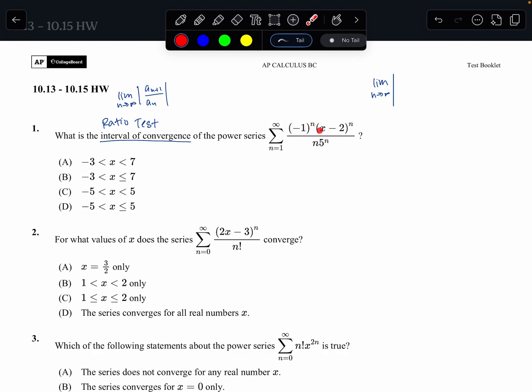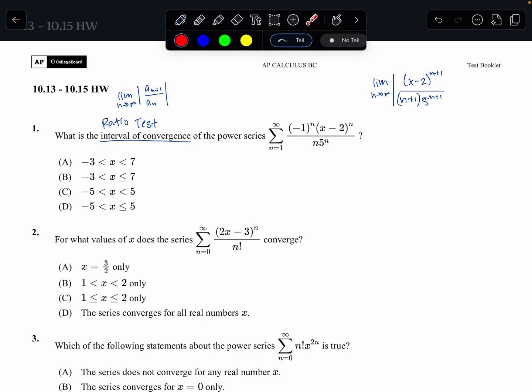And so I'm going to do x minus 2 to the n plus 1, because again I'm finding the n plus 1 term, so basically wherever you see n, you're using n plus 1. So we have x minus 2 to the n plus 1 over n plus 1 instead of n, and then 5 to the n plus 1.